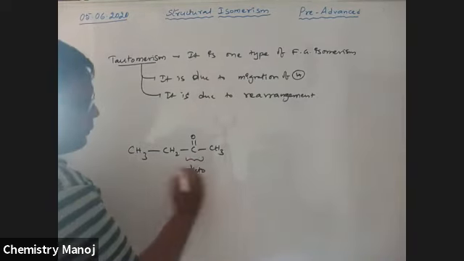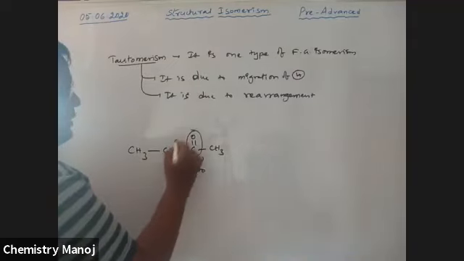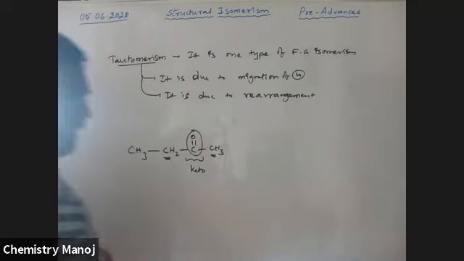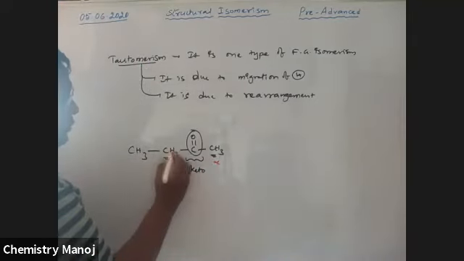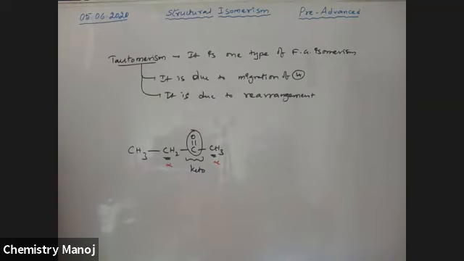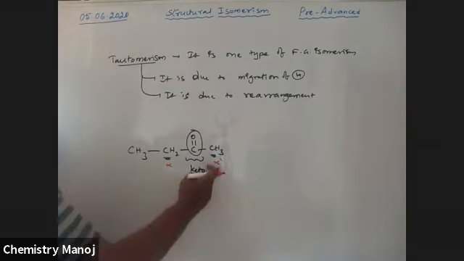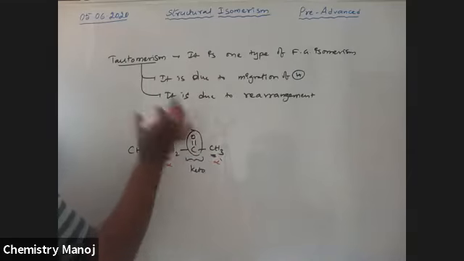The carbon attached to the functional group, the very next carbon, is considered as the alpha carbon. For our convenience, one is alpha and the other is alpha dash, since both are in the same position.